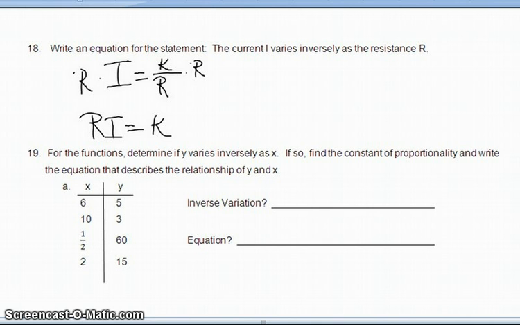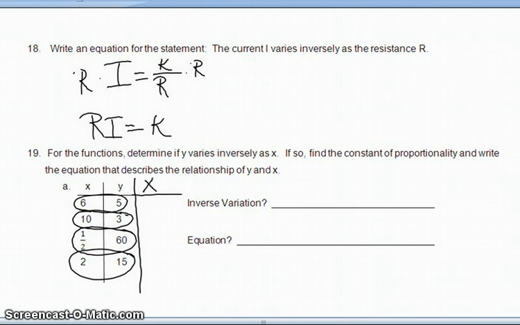So I'm going to look at my pairs and see if my constant of proportionality remains the same all the way down the list. And I'm going to draw an extra column here, and I'm going to use the easy one where k equals xy, and I'm just going to multiply straight across.